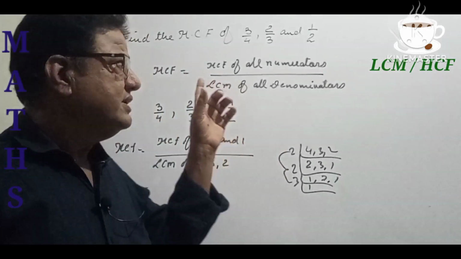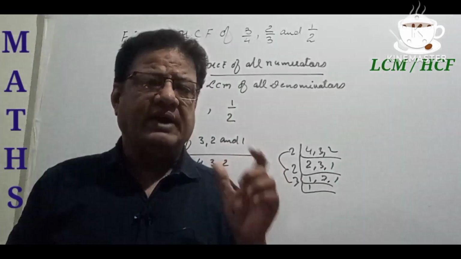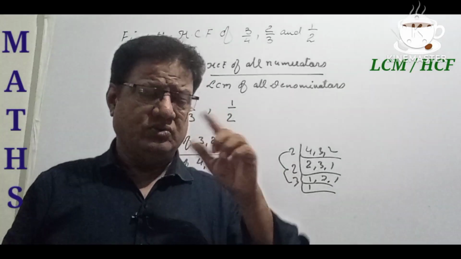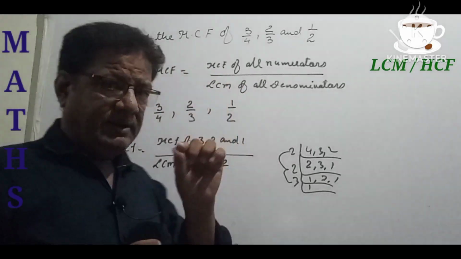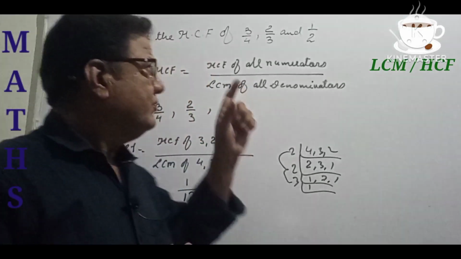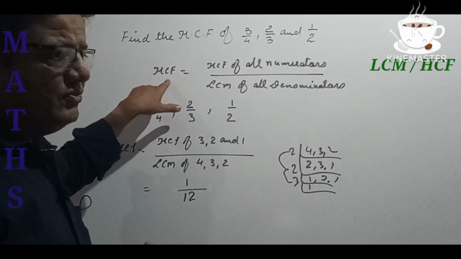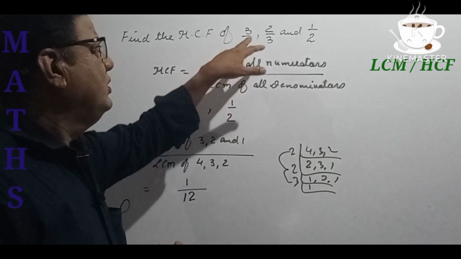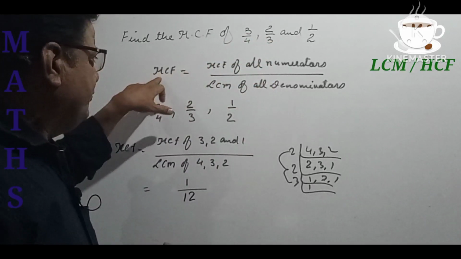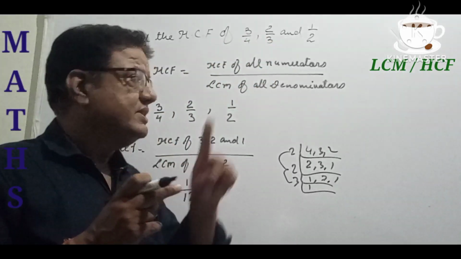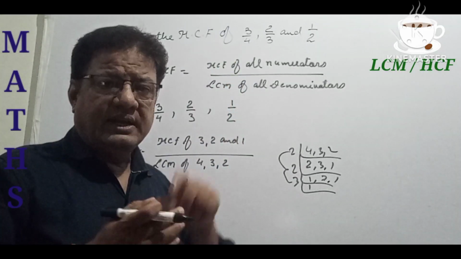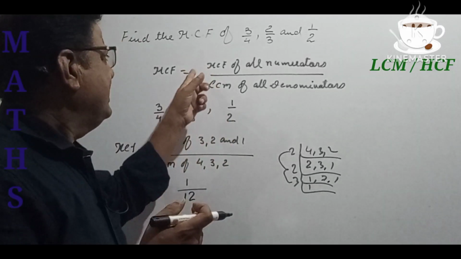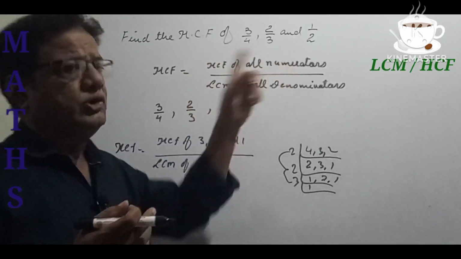Any kind of fractional numbers, we can find their SCF using this formula. One point is here: when we want to find the SCF, we will take the SCF of all numerators, and when we want to find the LCM, we will take the LCM of all denominators.